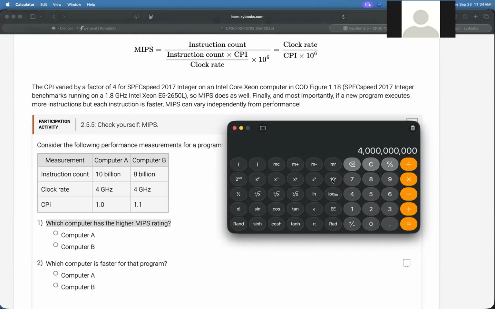So we have the clock rate. Then we have to divide by the number of instructions. So here the instructions is 10 billion. So we have to divide by 10 billion.